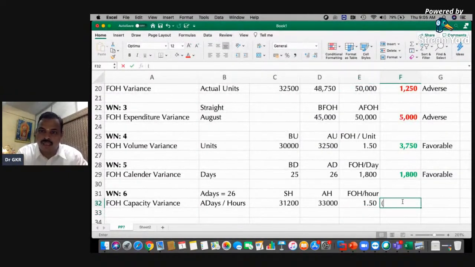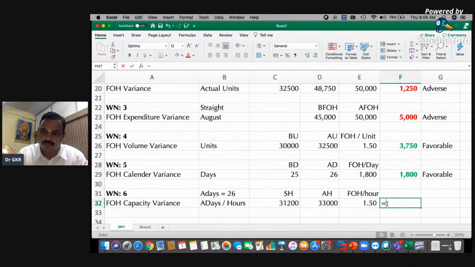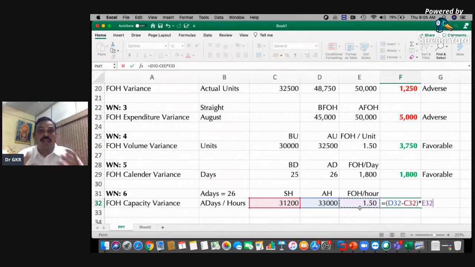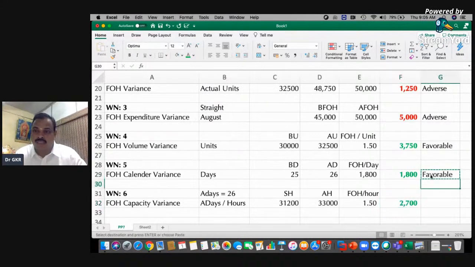So naturally, your capacity has increased. 33,000 minus 31,200 into 1.5. So 1,800 hours you have worked more. So 2,700 is your favorable.